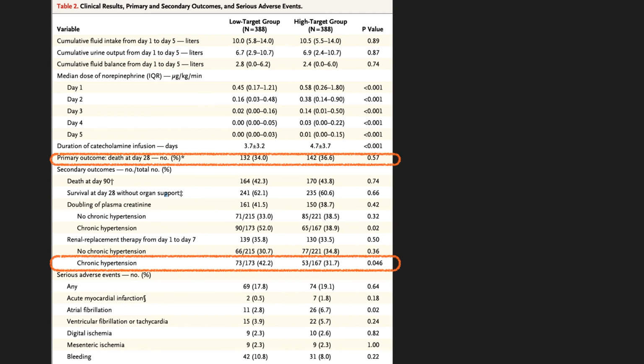So in patients with chronic hypertension, if they don't develop tachyarrhythmia with higher MAP and higher vasopressors, maybe it's reasonable to keep the MAP a little bit higher so they have better renal blood flow, and then you can reduce the need for hemodialysis. Lastly, it's not surprising to see that patients in the high target group have a higher risk of atrial fibrillation just because you are using more vasopressors.